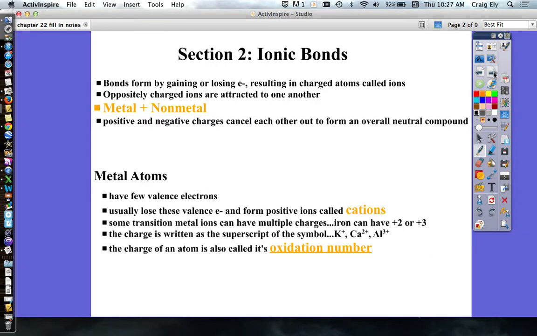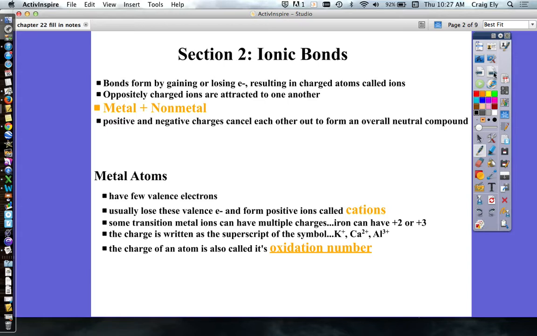All right, so let's talk about ionic bonds. Ionic bonds occur when atoms either gain or lose electrons, and we end up with ions. And of course, we know ions are atoms that have a charge because there are either more electrons than protons or less electrons than protons. And that's why we call them ionic bonds. All right. And of course, we know the opposite charges are attracted to each other.